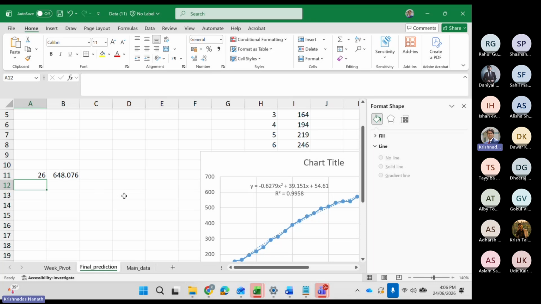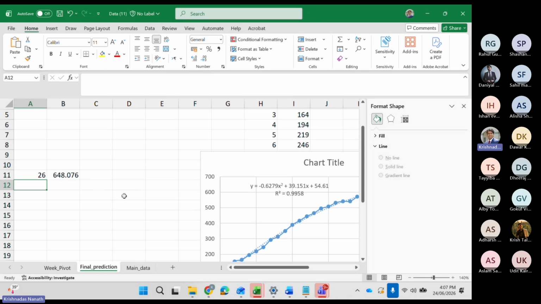If I tell you the value of x is 1000, what would be the predicted value of y? 2000. If x is 10,000, what's the value of y? 20,000. All these predictions make sense. That means in this case also the prediction should make sense, which means if I change 26 to 27 to 28 to 100 to 200 to 300, I should get normal values according to the trends.